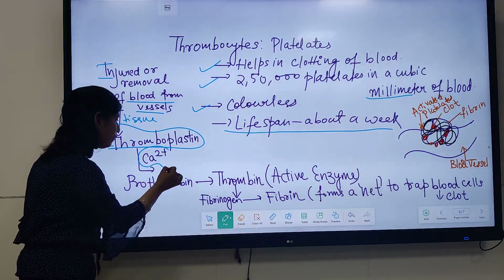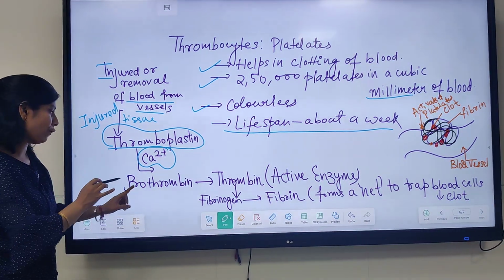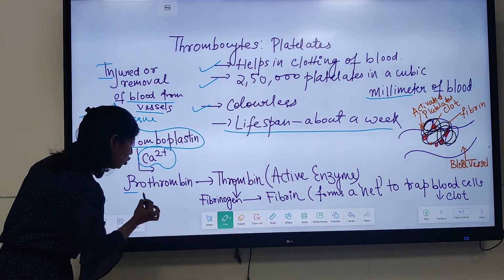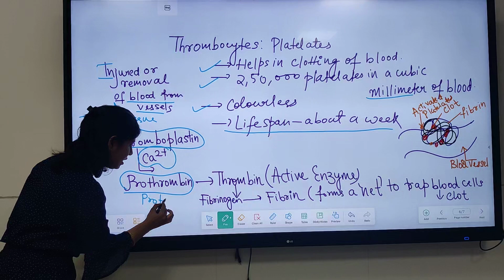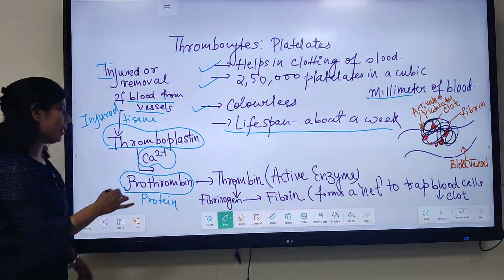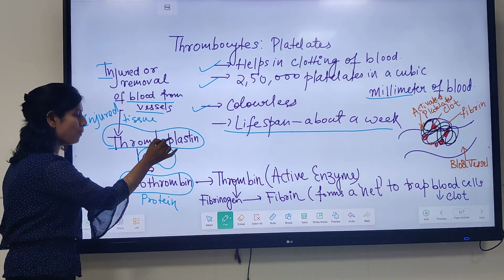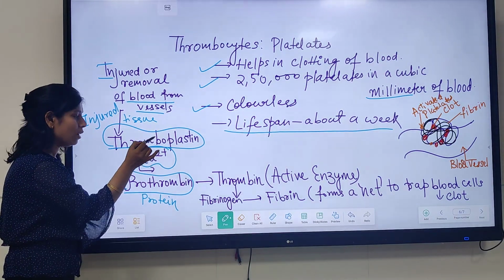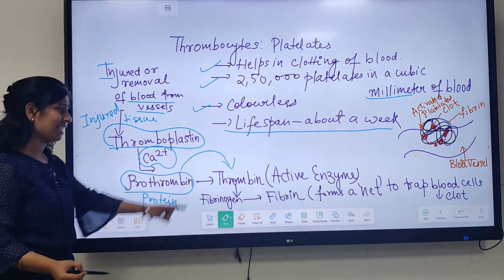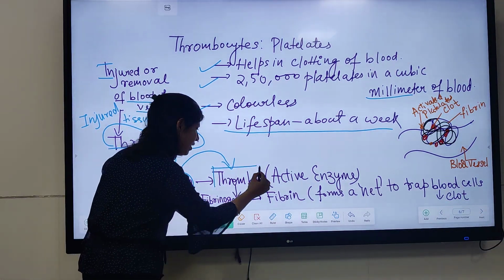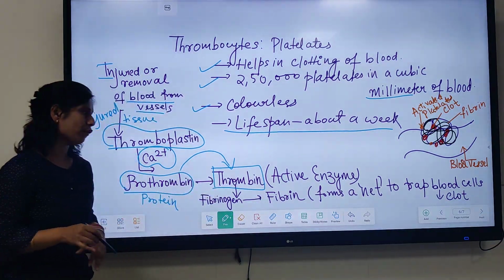Then in the presence of calcium, prothrombin, a protein present in your blood, in the presence of thromboplastin and calcium, will get converted to thrombin. It is an active enzyme. Am I very clear? So thrombin is going to form.